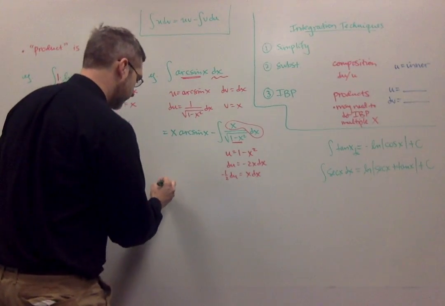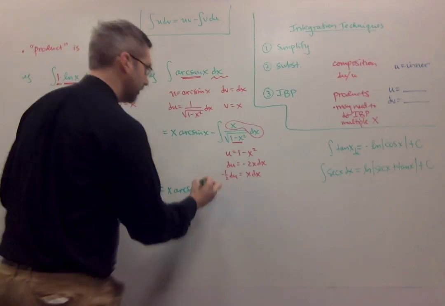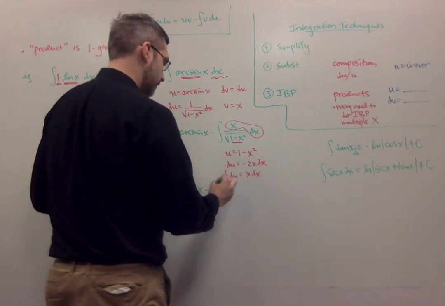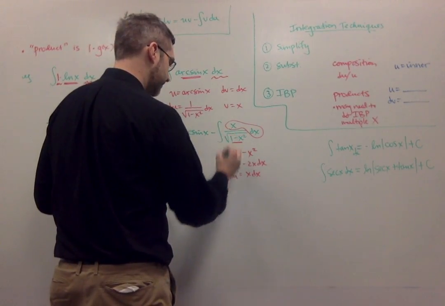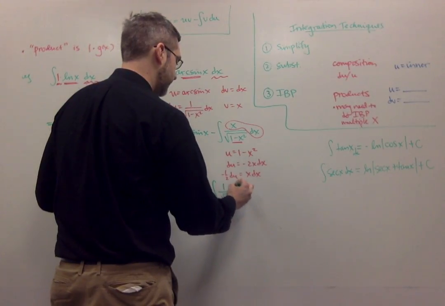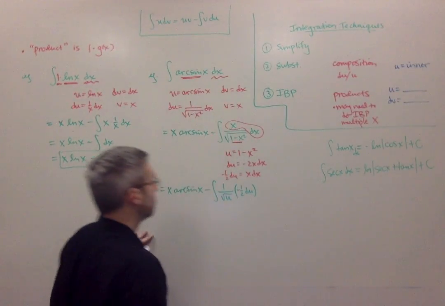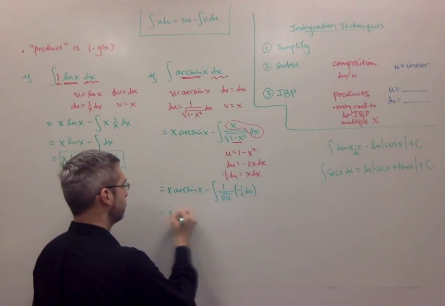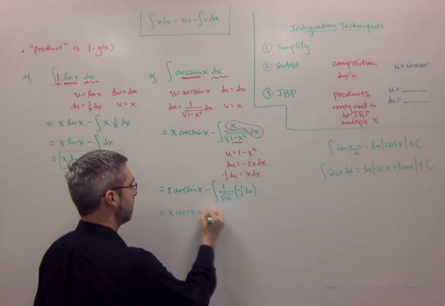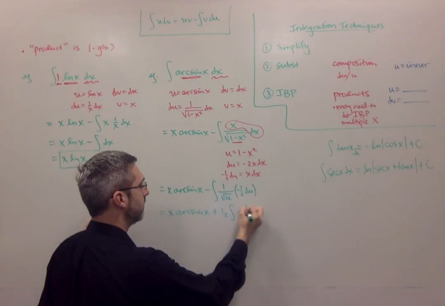So let's keep going. We've got 1 over the square root of u, and then we've got a negative 1/2 du. So cleaning that up a little bit, I've got a plus 1/2 integral of u to the minus 1/2.